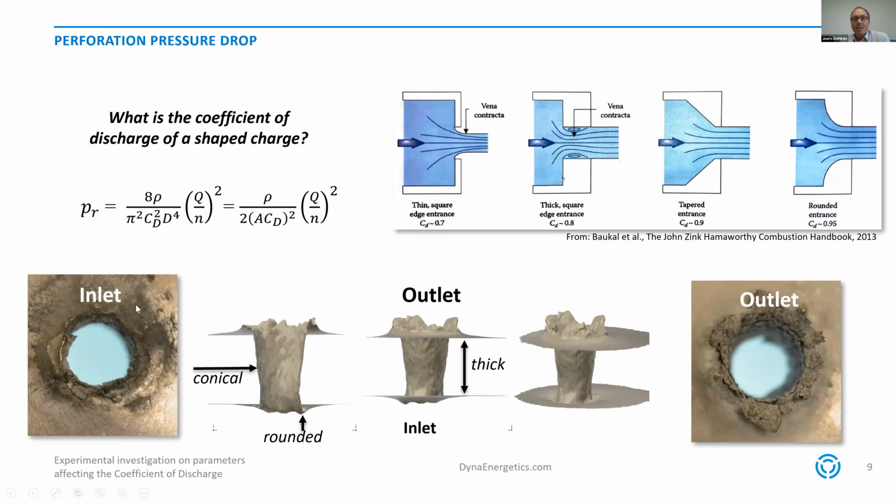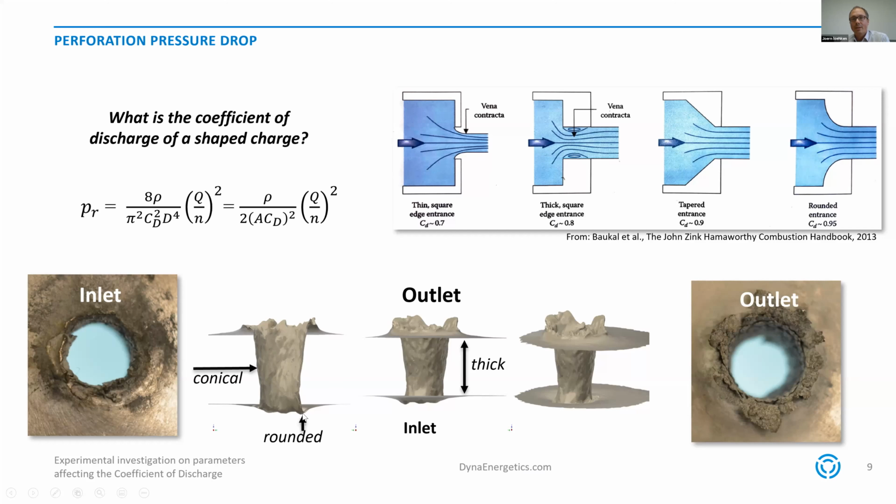On this slide, you can see a picture of a perforation. We photographed the inlet side, and you can see the small burr. On the outlet side, on the right side of the slide, you can see an even larger burr. And in addition, we did a 3D scan of this hole. And in the middle, you can see a cut through this 3D scan. So this here is the tunnel of the casing.